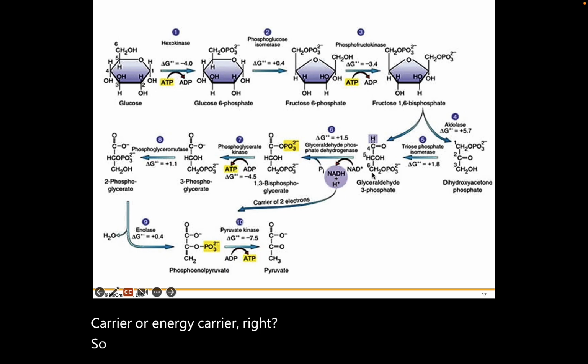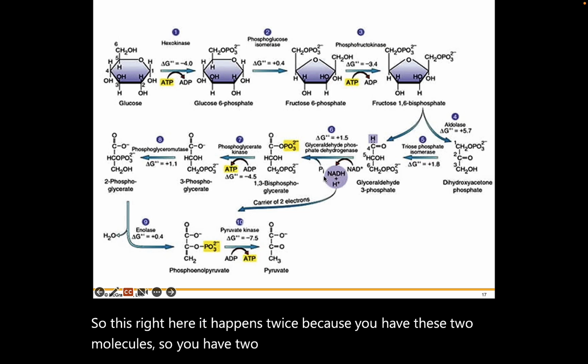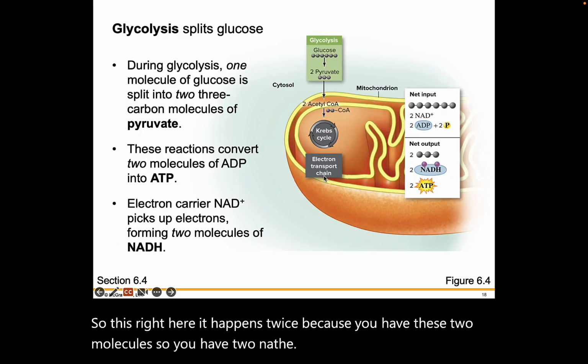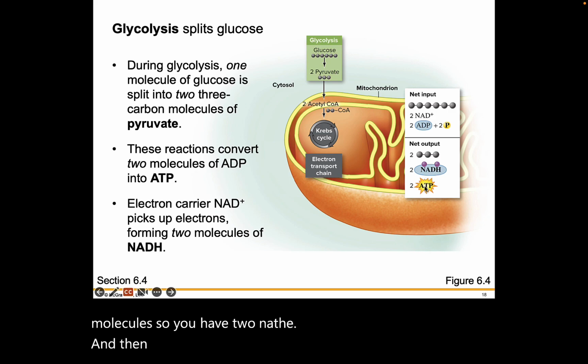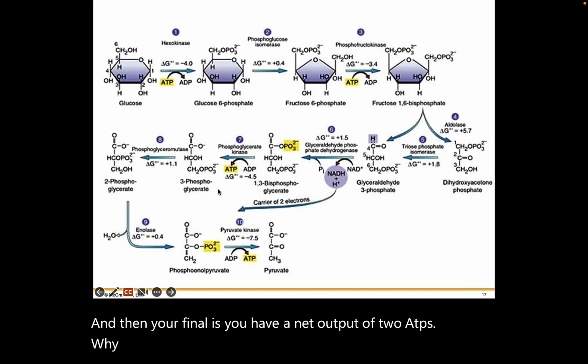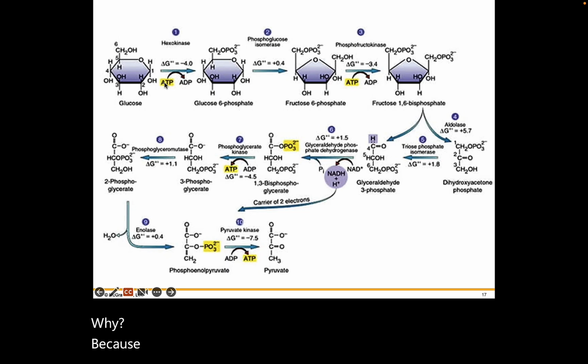So this right here, it happens twice because you have these 2 molecules. So you have 2 NADHs. And then your final is you have a net output of 2 ATPs. Why? Because your initial input has 2 ATPs here, right? And then you create 4.